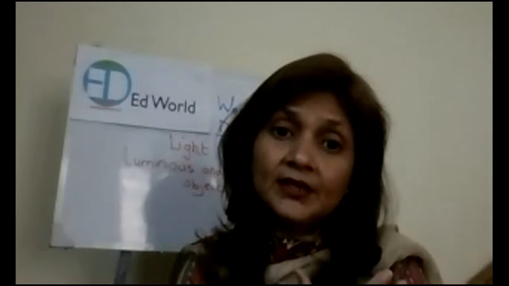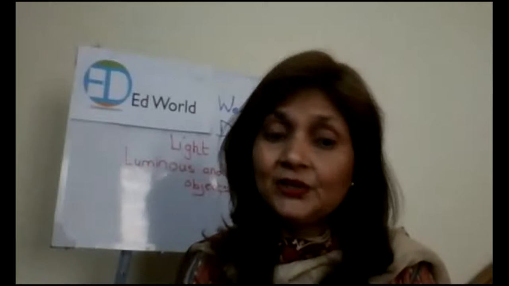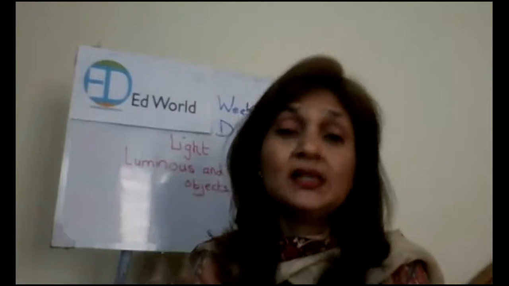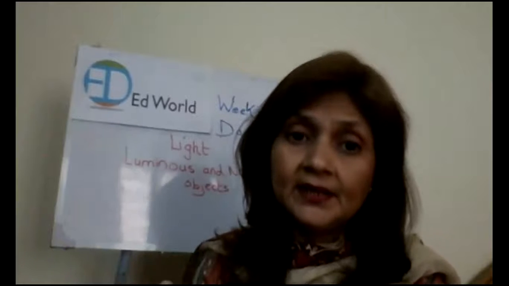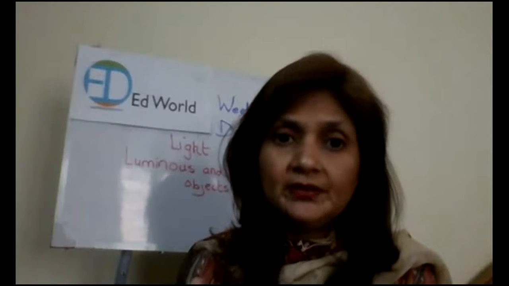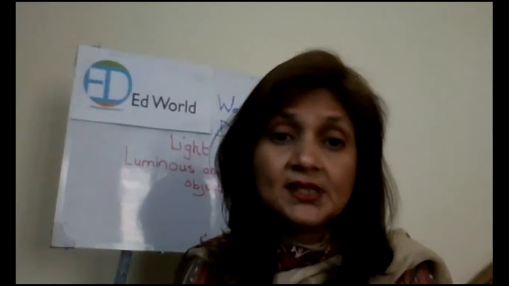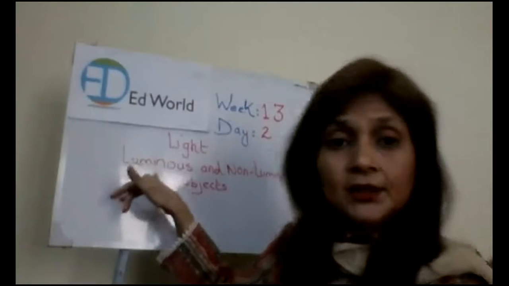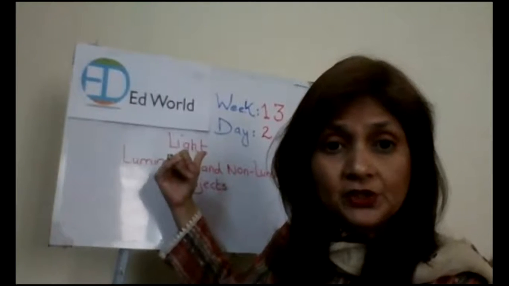If we shine the light on them, we will get light. Otherwise, we will not. The objects that give light are only the sun, fire, candle, torch, right? You understood. So this is the main difference you need to remember about luminous and non-luminous objects.